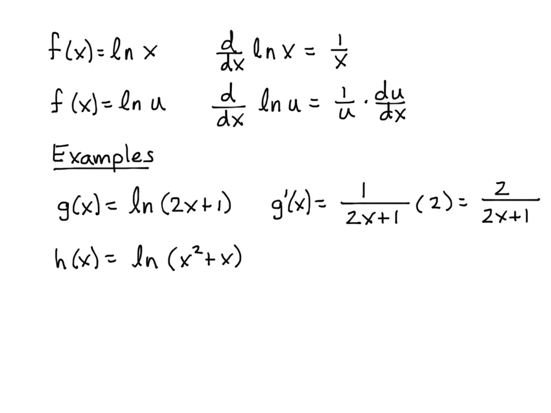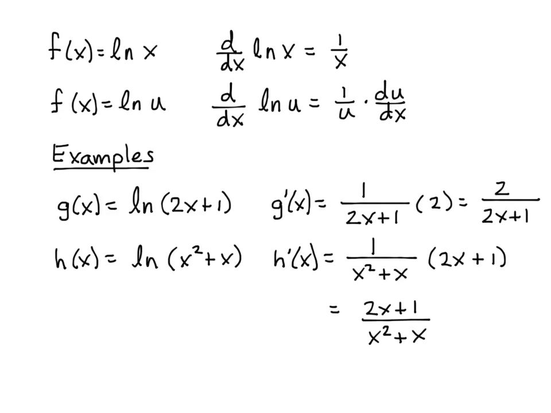Another example, if we have that x squared plus x as the argument to the log function, the derivative is 1 over x squared plus x, and then we take that times the derivative of what's inside that inner function, x squared plus x. And so rewriting that, we just get 2x plus 1 over x squared plus x. Follow the pattern, okay?